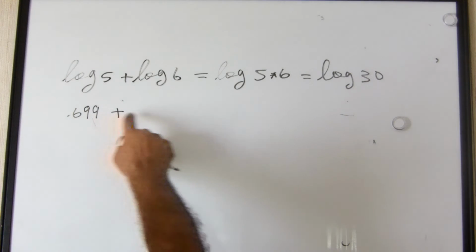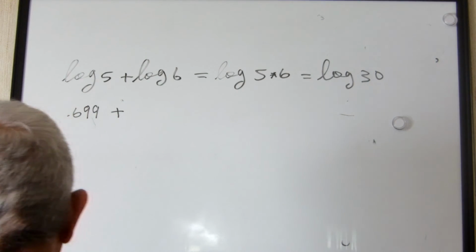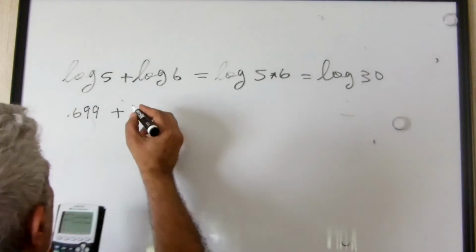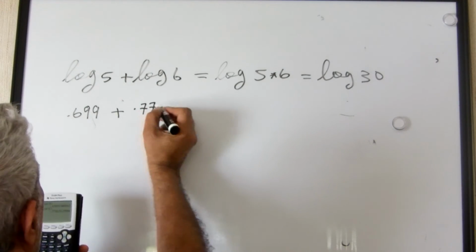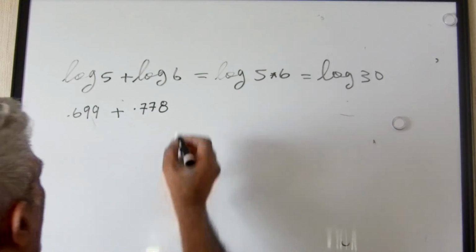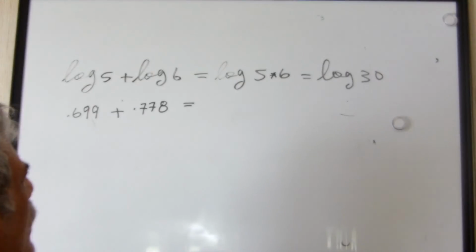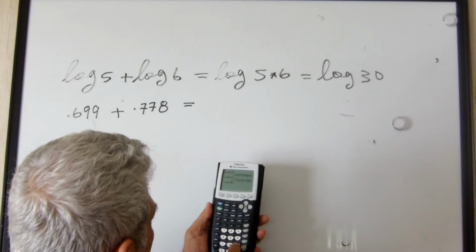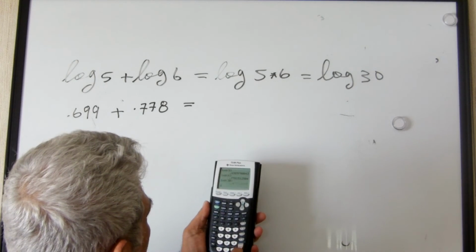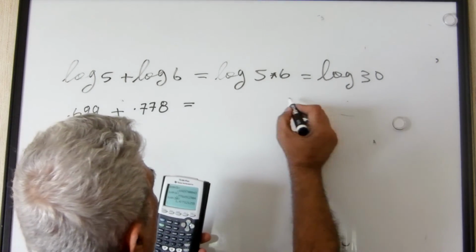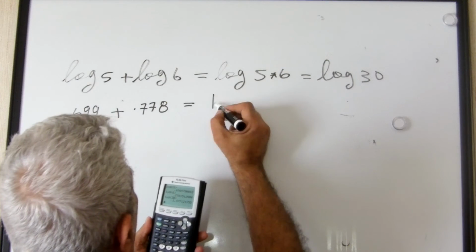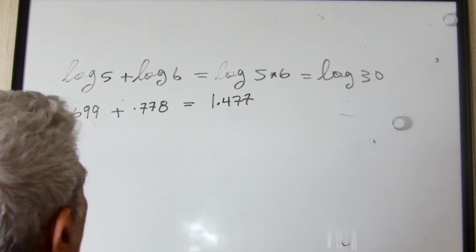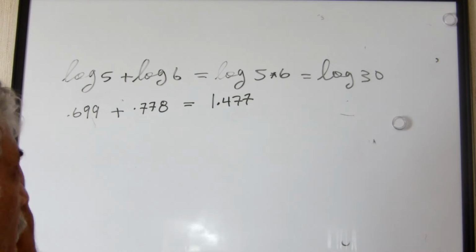So log of 6 is going to be 0.778. Now find log of 30. Is it correct? This is 1.477. See, log of 30 is equivalent to this one.